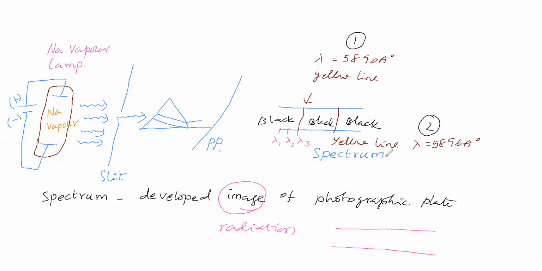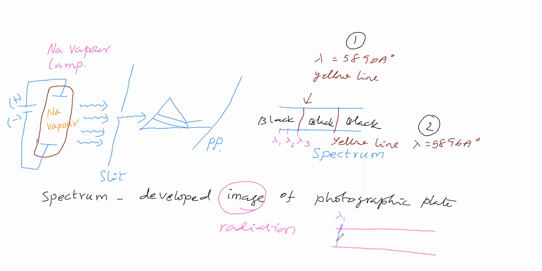Suppose we have taken this photographic plate, like the film roll you have seen. At this place some striking is there, which means some radiation fell over here. Here the wavelength engraved is, suppose, lambda 1.